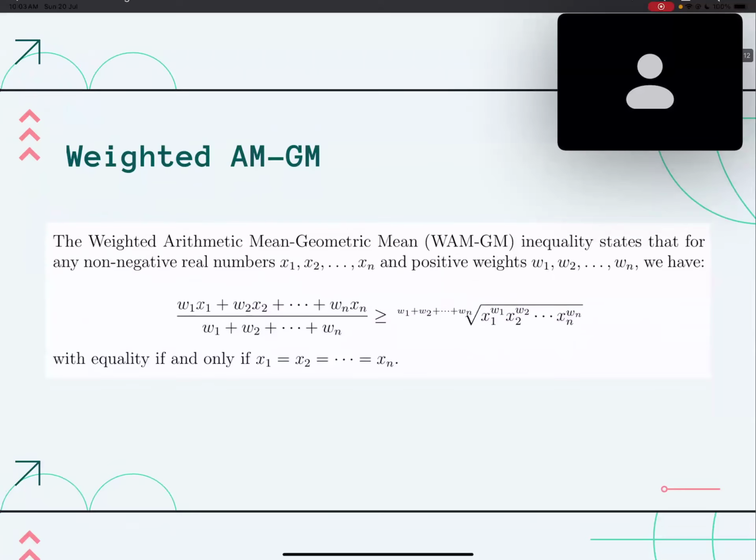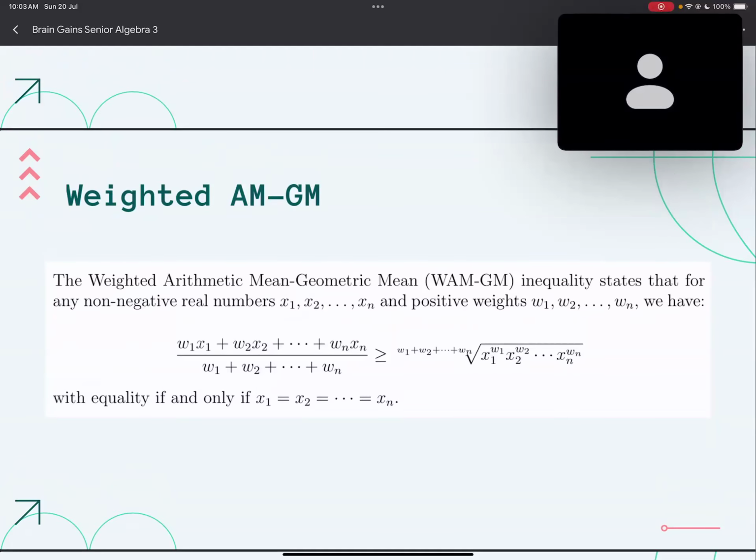Okay, another thing that we can do with AM-GM is an extension of our original inequality. It's called the weighted AM-GM. So this states that if you have your non-negative real numbers, you can also append some positive weights to them.